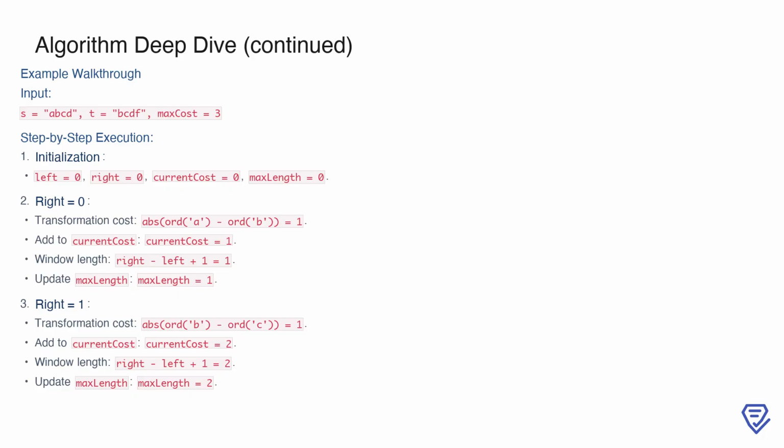Initially, all variables are set: left equals 0, right equals 0, current cost equals 0, and max length equals 0. For the first character, right equals 0, the transformation cost is abs(ord('a') - ord('b')) equals 1. Adding this to current cost gives a total of 1. The current window length is right - left + 1 equals 1, so we update max length to 1.